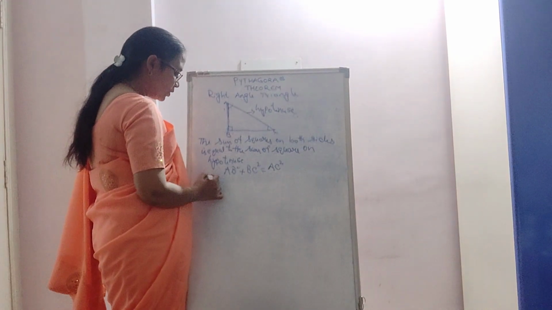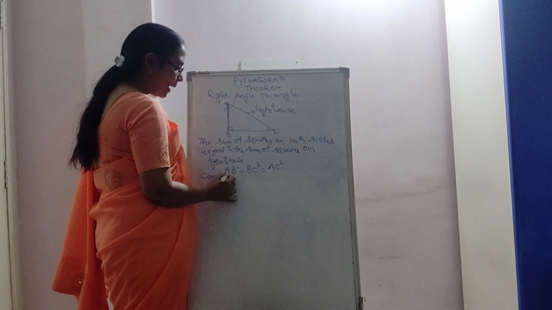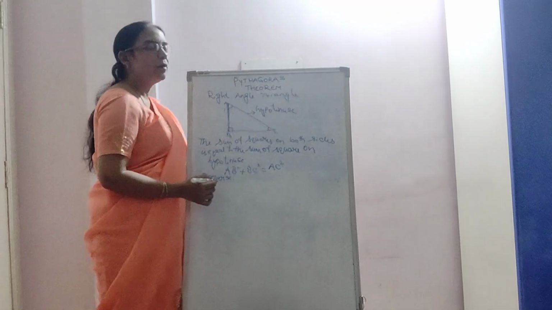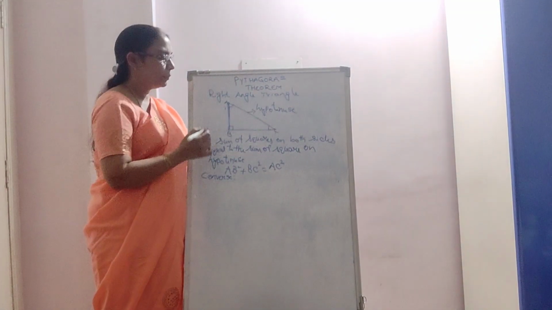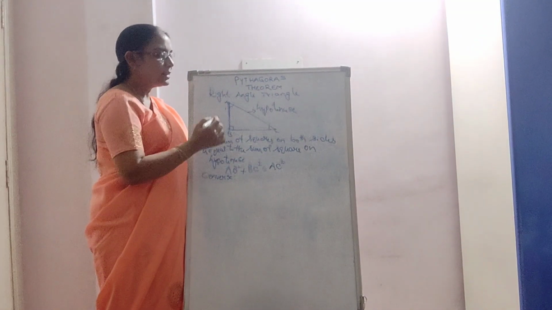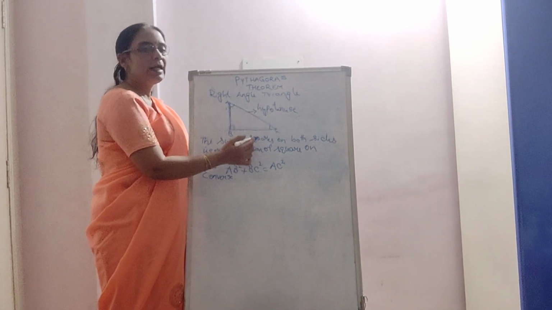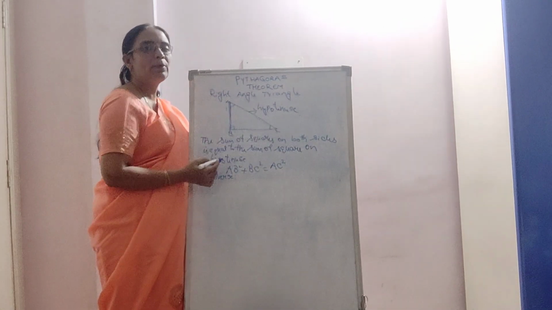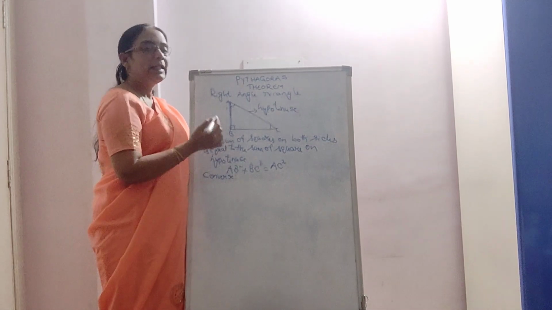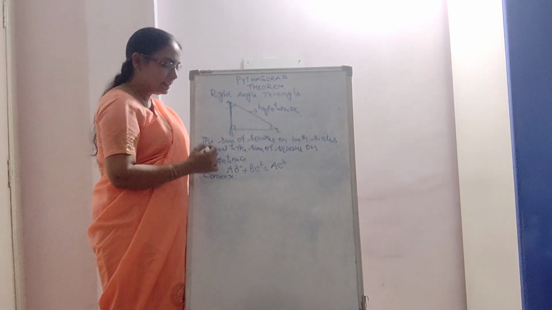Then when we talk about the converse part of this, the converse part says that if the sum of squares of two sides is equal to the square of the hypotenuse, then the angle is a right angle.